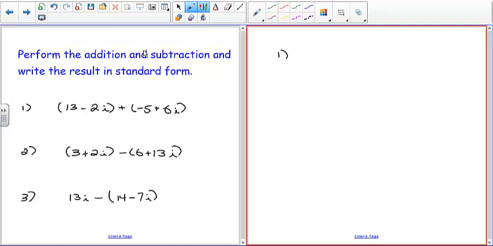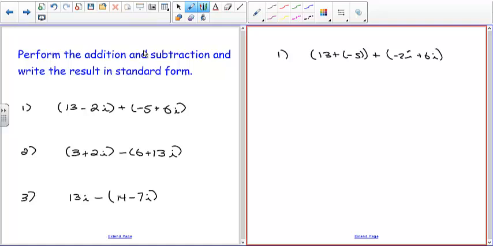So in this first one, you had 13 minus 2i plus -5 plus 6i. So you can kind of regroup things. So you have 13 plus -5. Those are the real parts. And then you have -2i plus 6i.